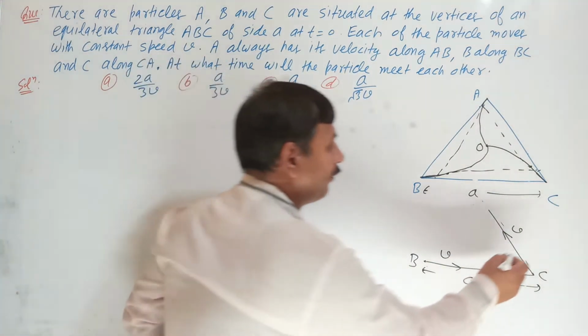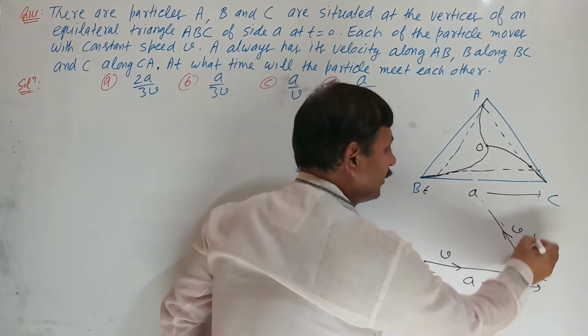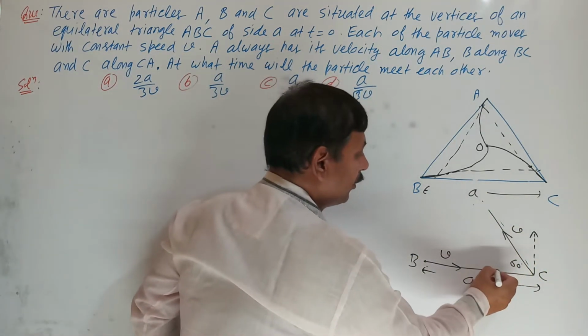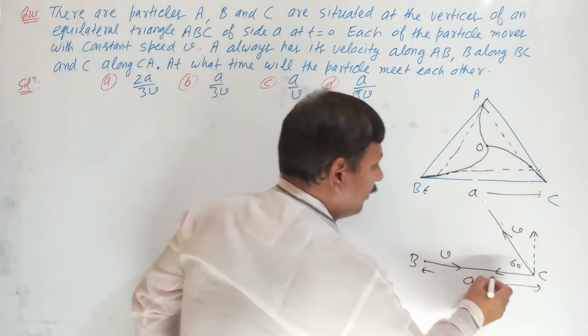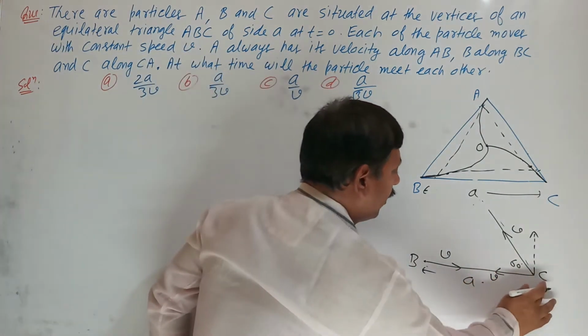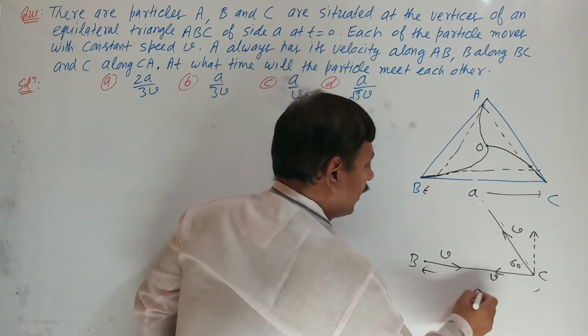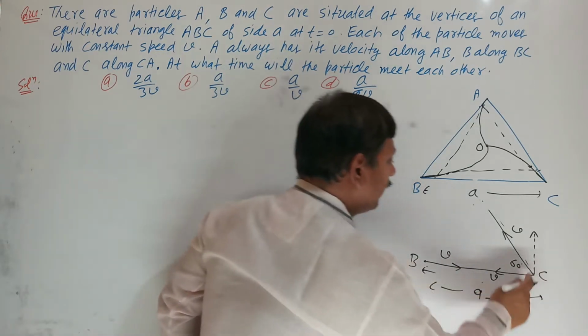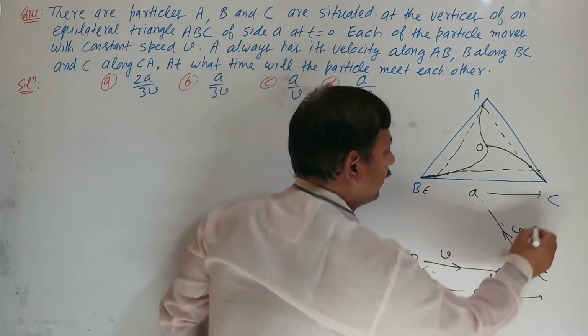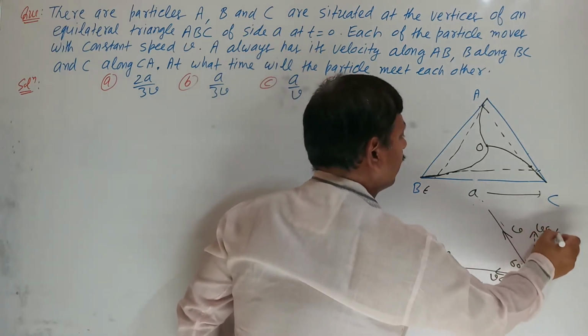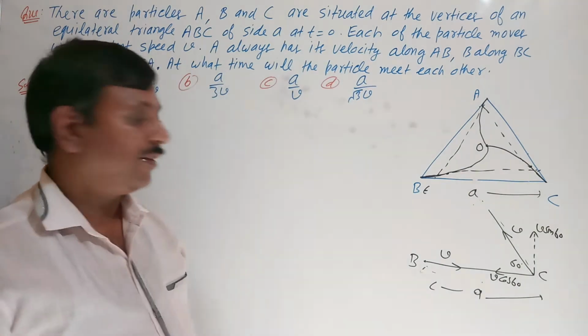Now see what the components are. This v has two components. Along CB, the component will be v cos 60, and perpendicular to it the component will be v sin 60.